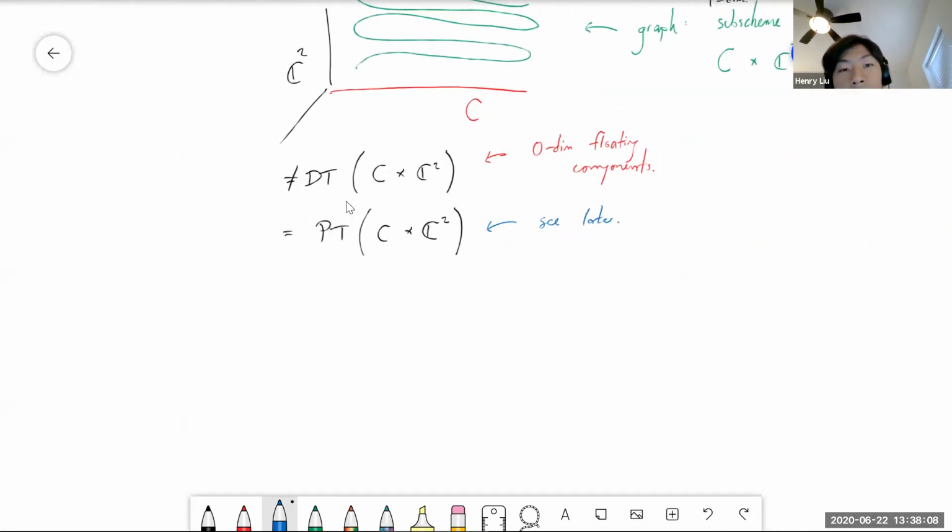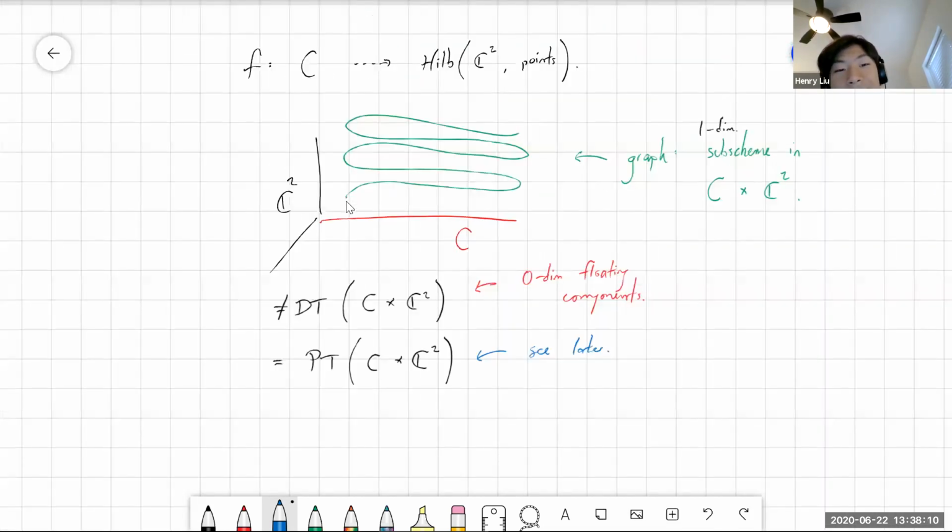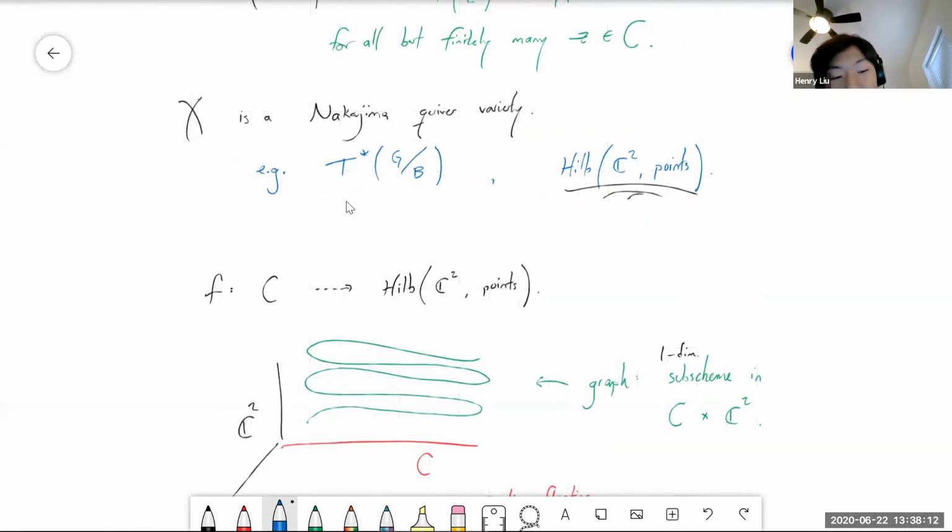Actually, here maybe I should add one more example, which is that not only can you get the Hilbert scheme of C2, you can actually get the Hilbert scheme of any ADE surface.